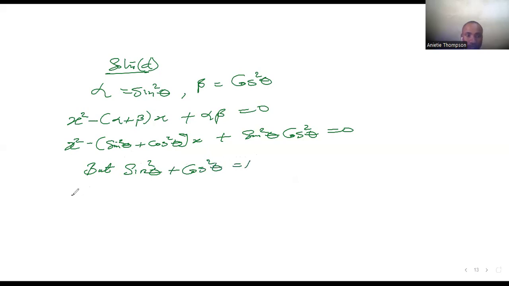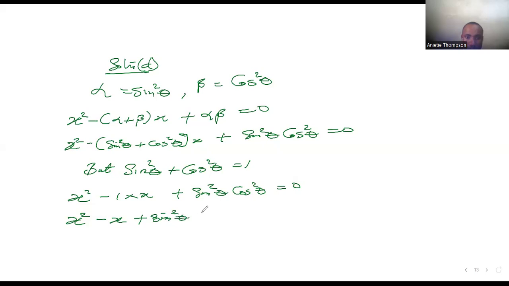So what we're having there is x squared minus 1 times x plus sine square theta cos square theta equals 0, which you can readily write as x squared minus x plus sine square theta cos square theta.